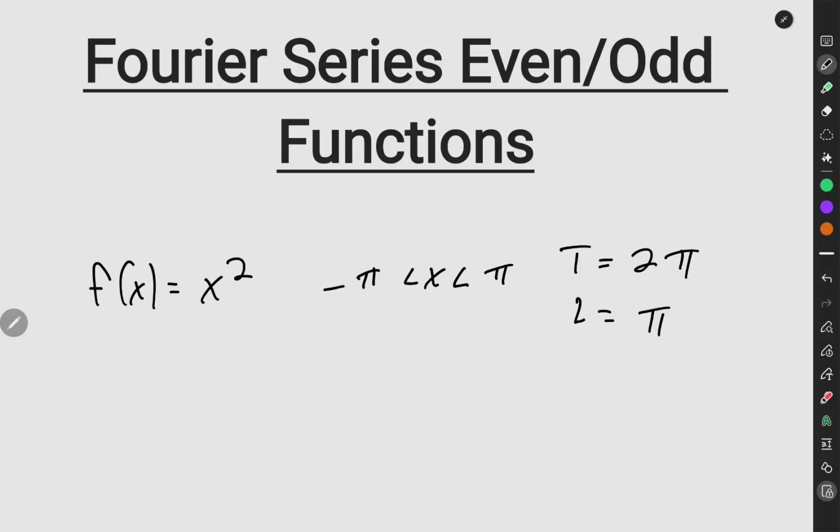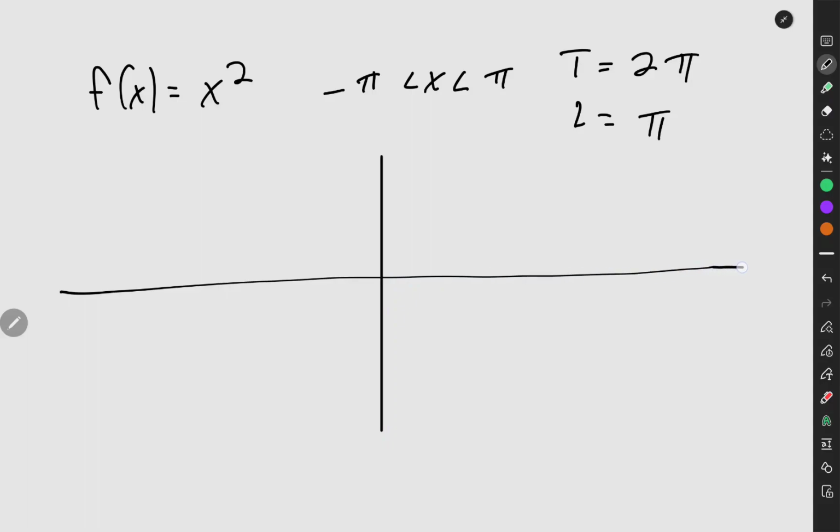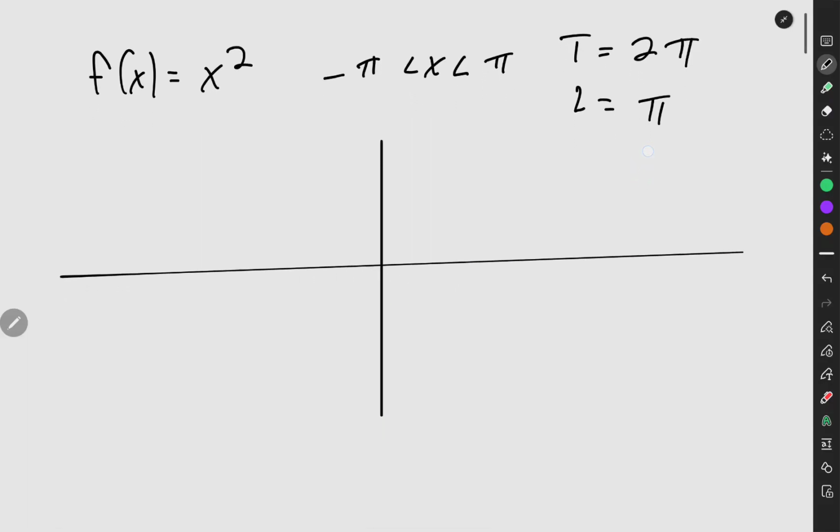So, can I scroll? It's locked. Okay. So, if we were to graph this, it would look like, let me do this in purple. Let me draw out the intervals first. Let's graph it over 2 periods.